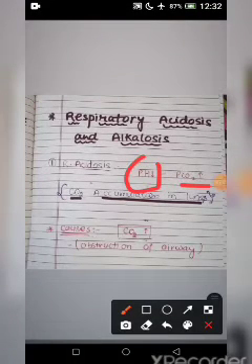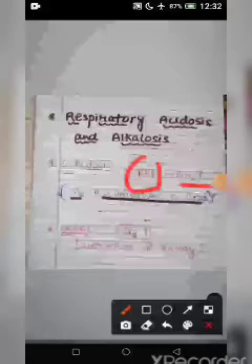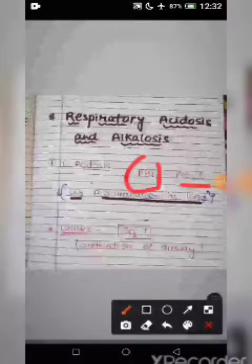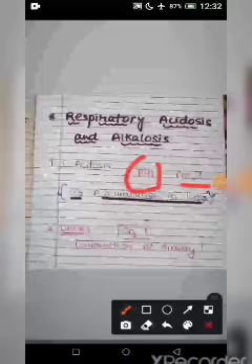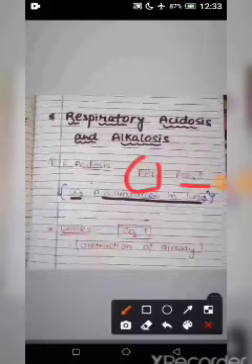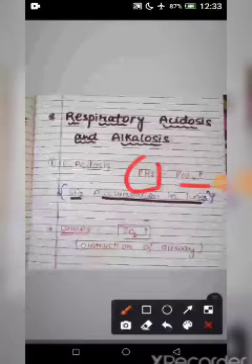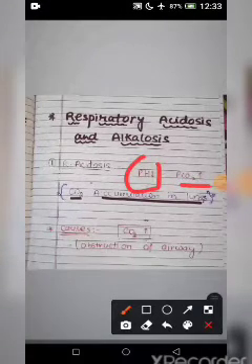The reason or cause of respiratory acidosis is the accumulation of carbon dioxide in the lungs. The causes may be obstruction of the airway, due to asthma, bronchiectasis, or respiratory depression, CNS depressants.